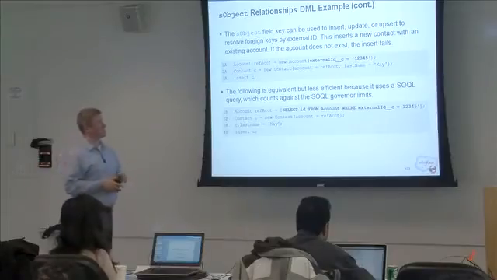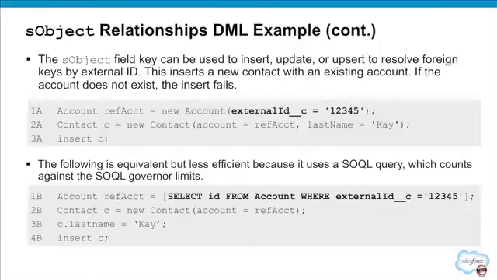All right, so in this case, our custom field is called external ID, and it's on the account object. So here we have our new account. We're going to instantiate a contact. We can then do an insert of C, and based on the existence of this populated external ID field, it's going to go out and look for a record where the account's external ID equals 1, 2, 3, 4, 5.